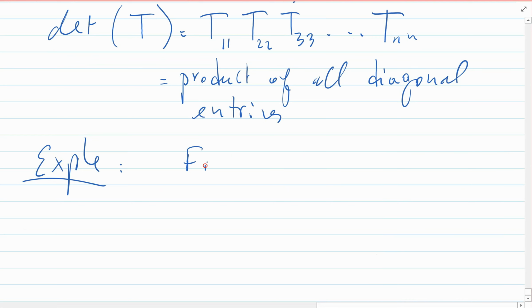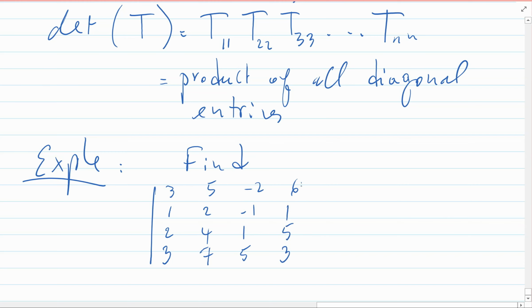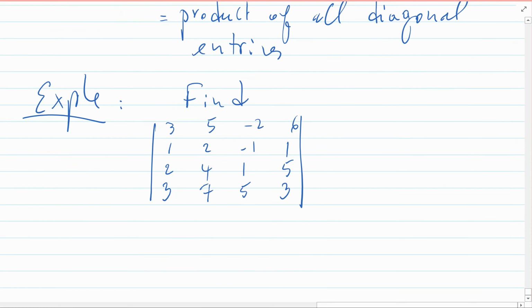Find the following determinant. 3, 1, 2, 3, 5, 2, 4, 7, minus 2, minus 1, 1, and 5, 6, 1, 5, and 3. So what's the difference is that we have a 4 by 4 determinant now.